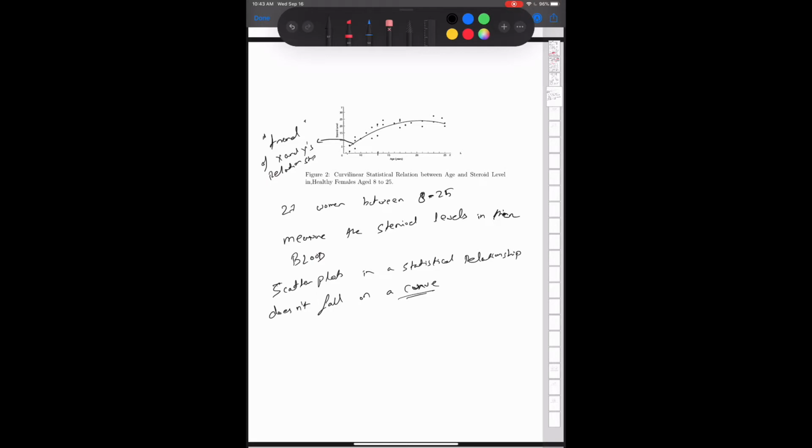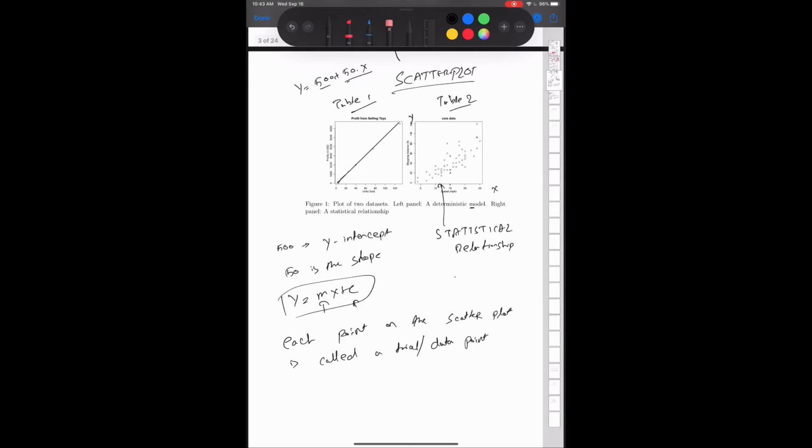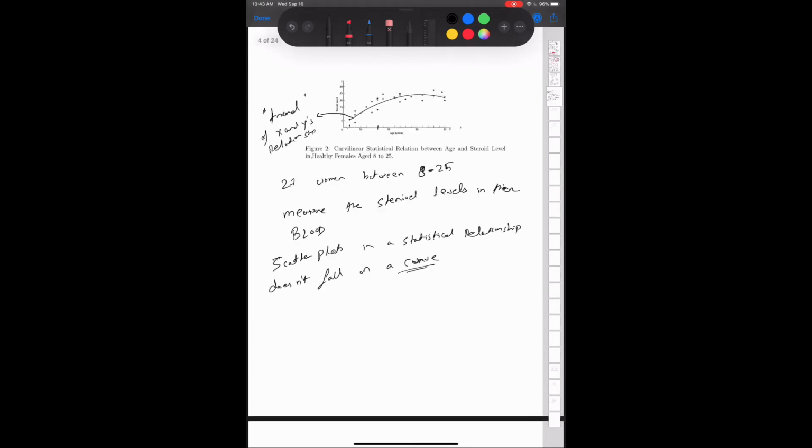In a deterministic relationship, we can figure out the curve that relates x and y, and that would be exact. In a statistical relationship, since x and y are not exactly related, what we are generally interested in is this trend, and this trend is called the regression curve. We will define this curve more carefully soon.